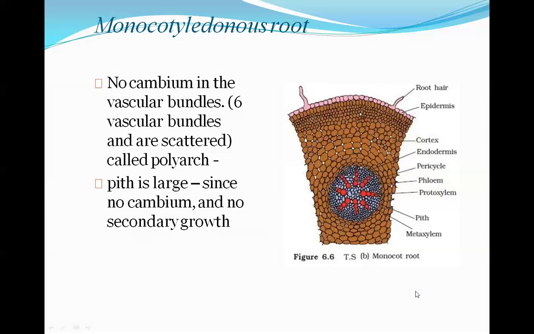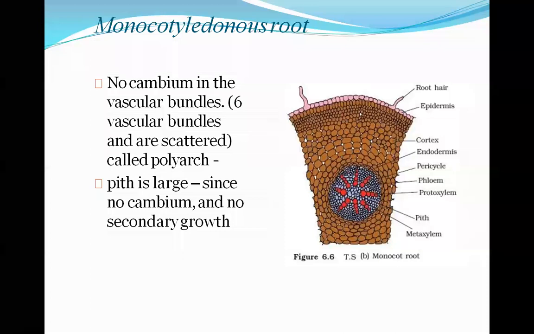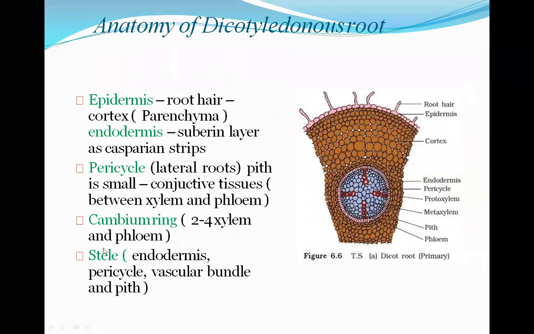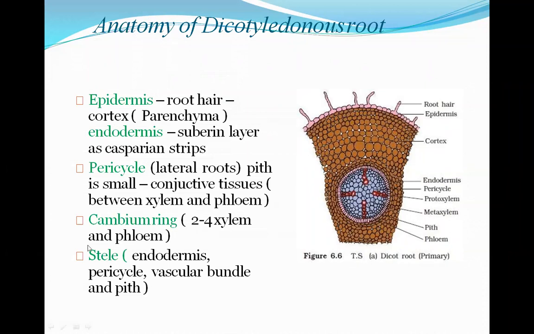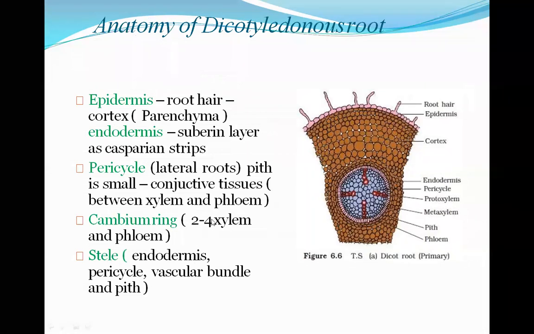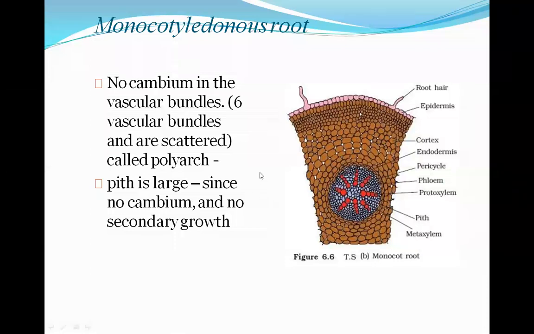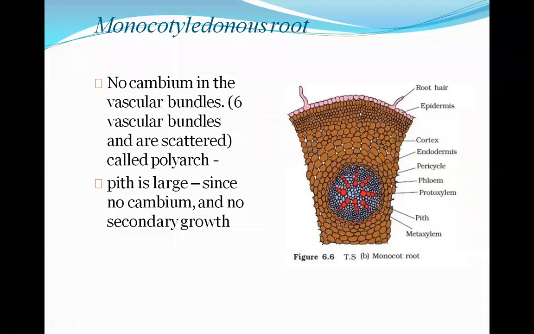So this is about the anatomy of the dicot root as well as the monocot root. The points such as the epidermis, endodermis and pericycle remain the same in the monocot root; the change is the absence of the cambium ring. So here we complete the dicot root and monocot root anatomy, right?